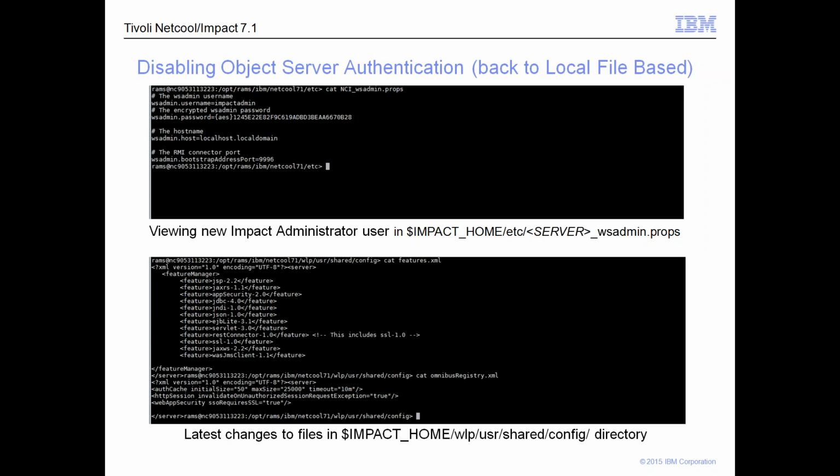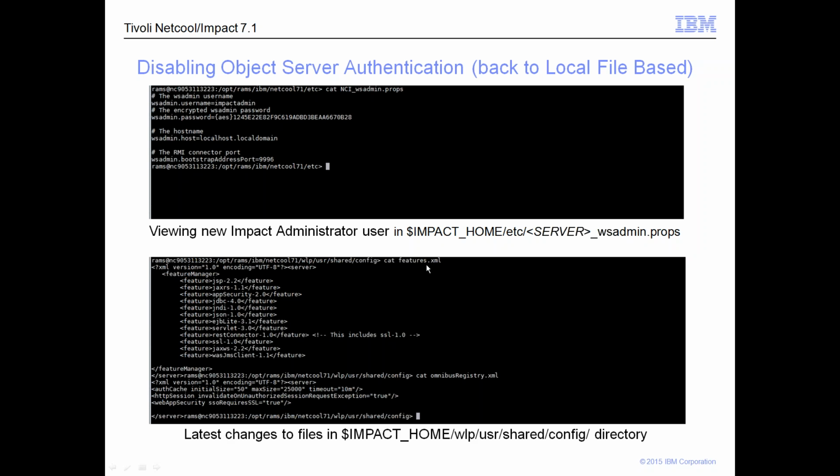If you started out initially using the object server authentication, then there would be no information for this user, so you'd have to add the roles for that administrative user, even for local file base. But if you'd started out with local file base, that information should already be there, and you probably don't need to go back and remap the roles. You can, and if you do, it's not going to hurt anything.